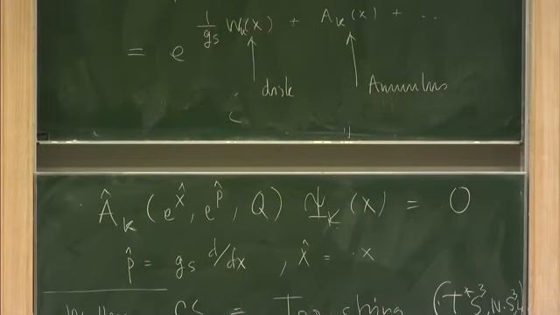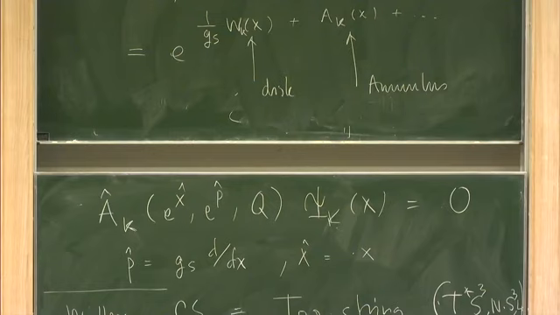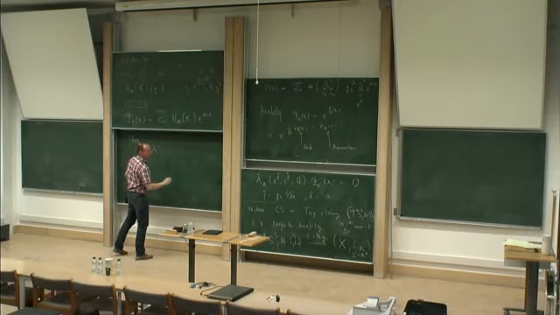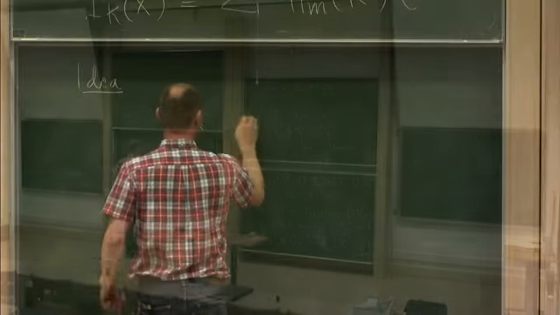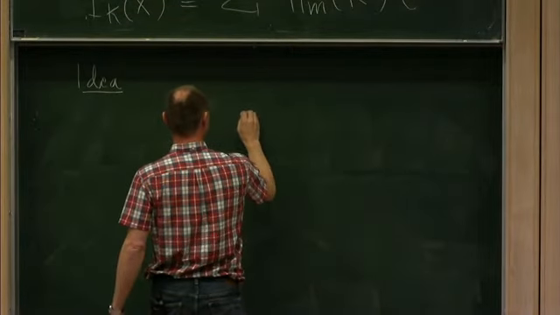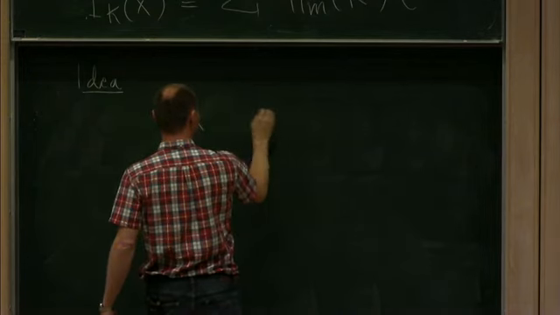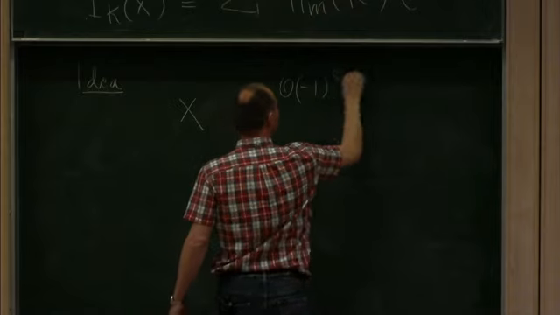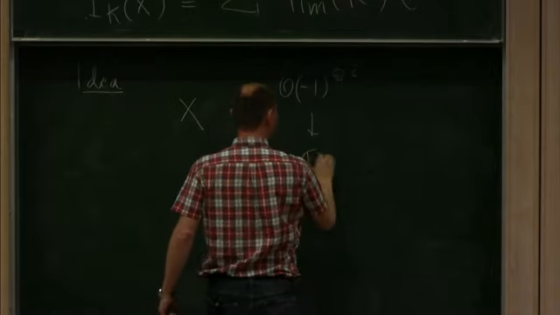So what about this knot contact homology? The basic idea is to look at this X. Topologically, well, anyway, this is O(-1) over CP1.